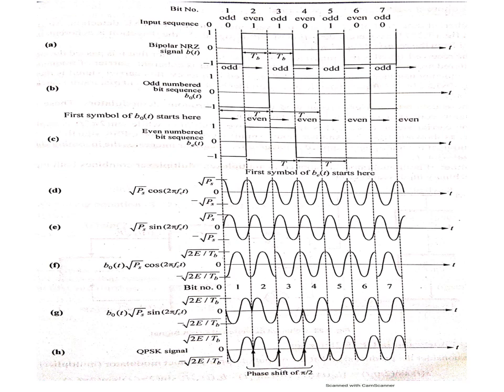The first part, A, represents the input bit sequence, which is 0 1 1 0 1 0 0 1, with seven bits represented here. Next, as we saw in the previous slide, the bit sequence is given to the bipolar NRZ level encoder, which provides the format of the given sequence: 0 is represented by -1 and 1 is represented by +1. That is the NRZ format of the given binary sequence.